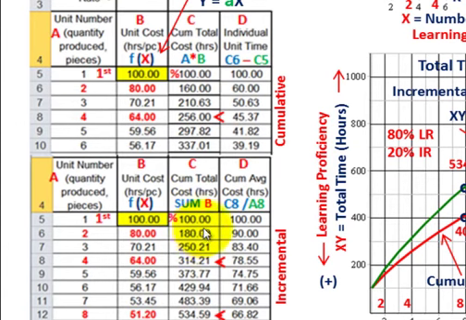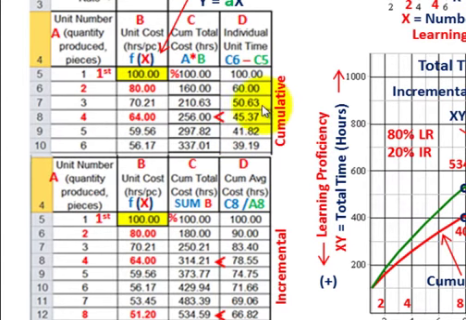We'd have 180 for our total cumulative hours in this case, divided by 2 units, that's going to give us 90. Then if we move down to the next one, all you do is take C7, 250, divided by 3 units, and that's going to give you 83.4. That's how you determine your cumulative average cost per hour on a unit basis with our incremental model.